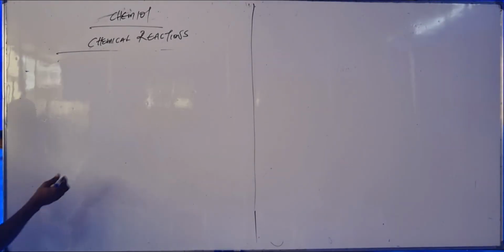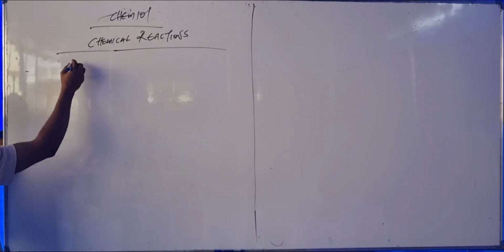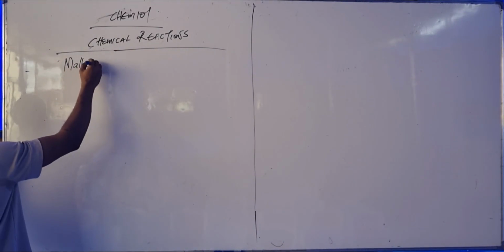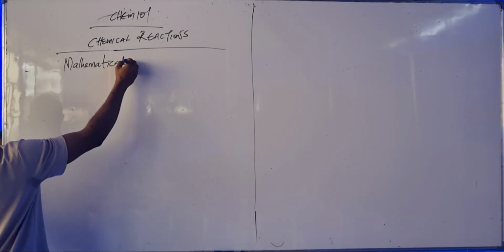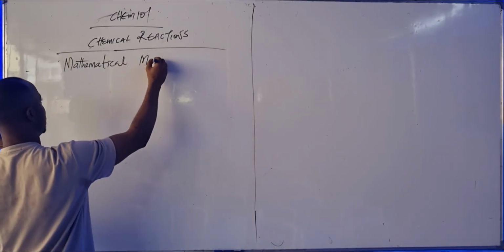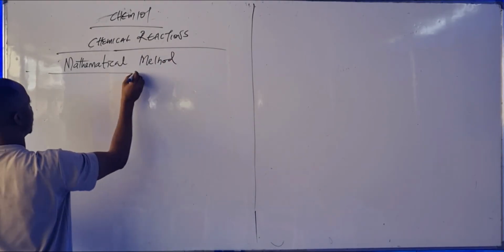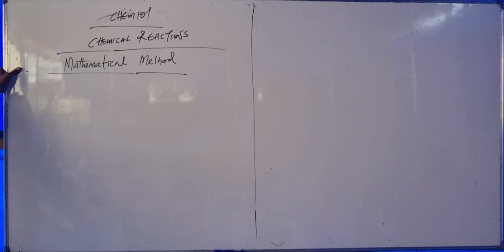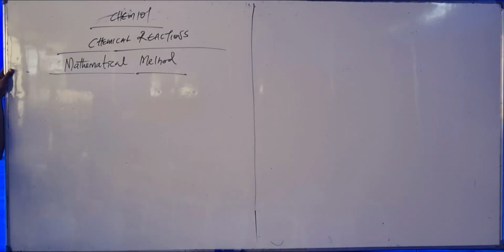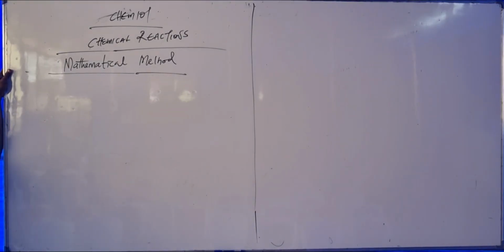Mathematical method. Mathematical approach. Okay. Let's look at some equations. For example, let's go back to that first example we solved using the observation method.